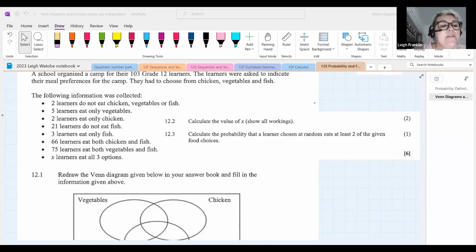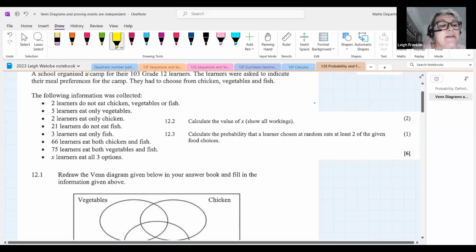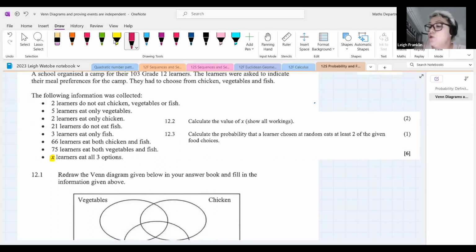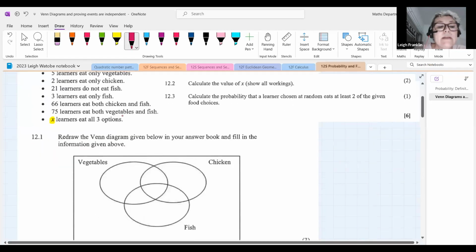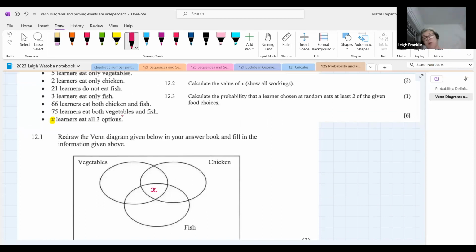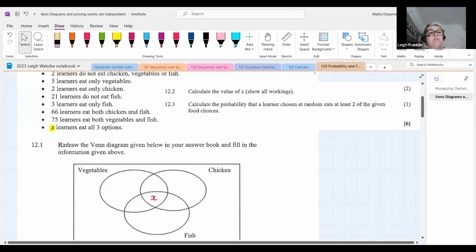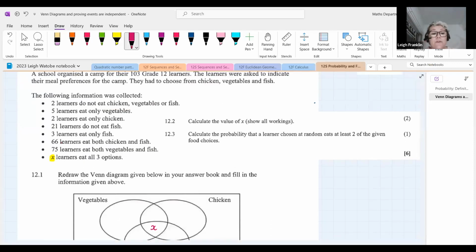That is the very last one, which in this case, they have called X. You must fill that in first. So I'm going to put X in the center. It's not always going to be X that goes in the center. The X could actually go anywhere. But in this particular example, X is the one that goes in the middle because this is all three.